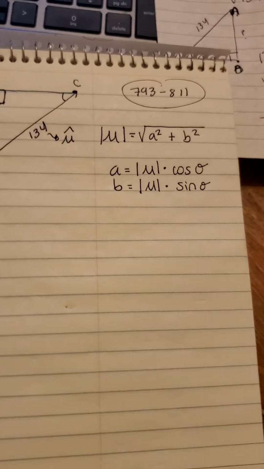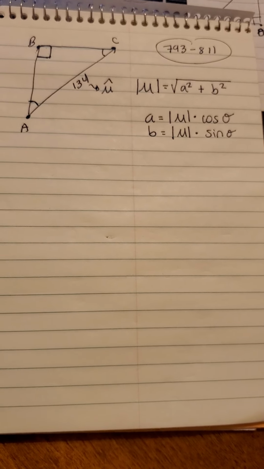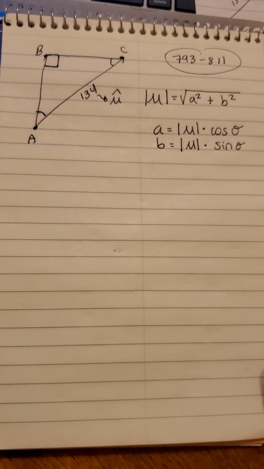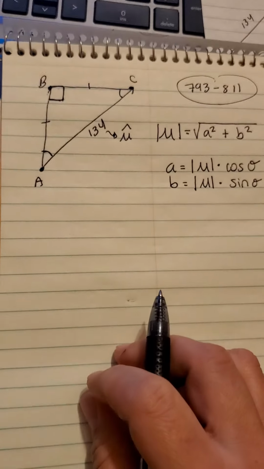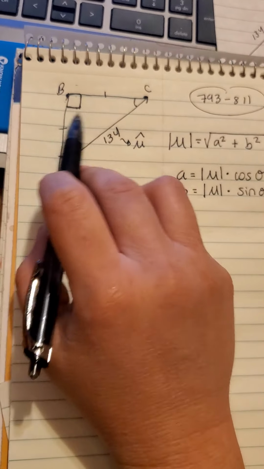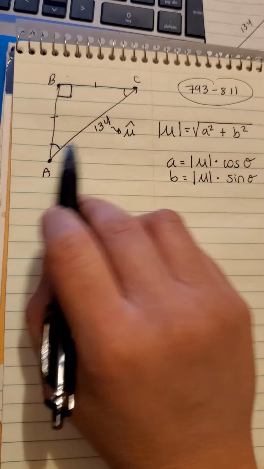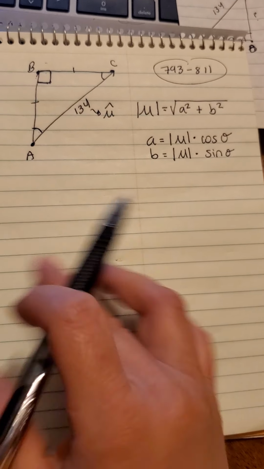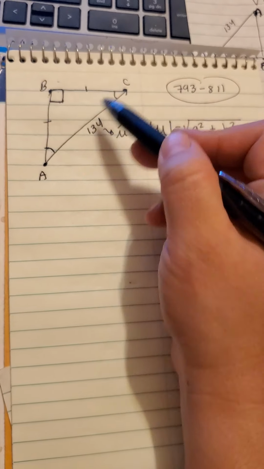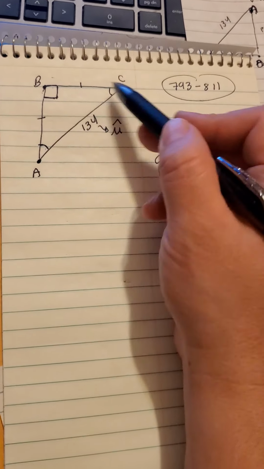Since there's no other piece of information given, we're going to have to assume in this case that this is an isosceles triangle. You do have the 90-degree angle, but you don't have these angles. Because of the way the problem is set up, it's safe to assume that this is an isosceles triangle, giving you the two base angles congruent.